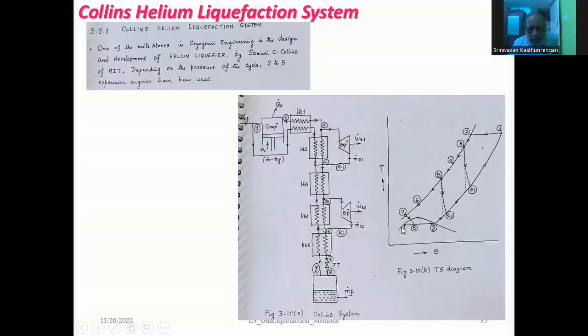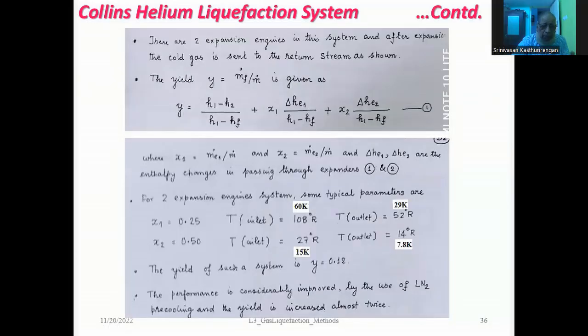And at, let us say, points 6 and 7, the gas is now expanded by Joule-Thomson expansion. Part of the gas becomes a liquid as fluid. F is the liquid, and the part of the gas which is returning back along with the stream is such that the incoming fluid can be cooled. Okay. We will not go into the mathematics of the derivations of the yield, etc. We'll just put down the expressions only.